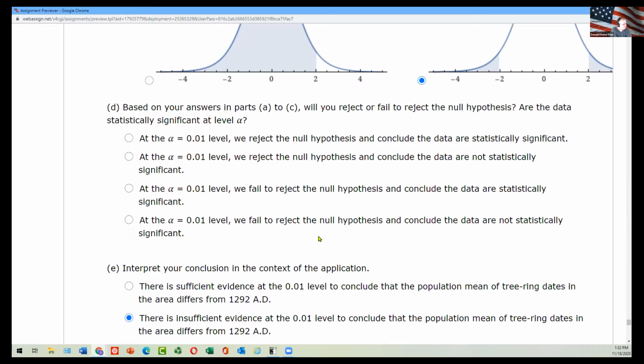Which dot do you use when it's a no? Fail to reject, number 4, and not statistically significant. Yeah. So not statistically significant and fail to reject. They always go together, right?